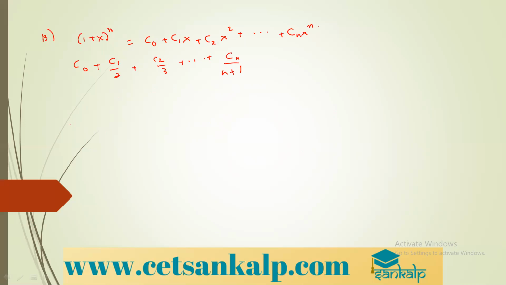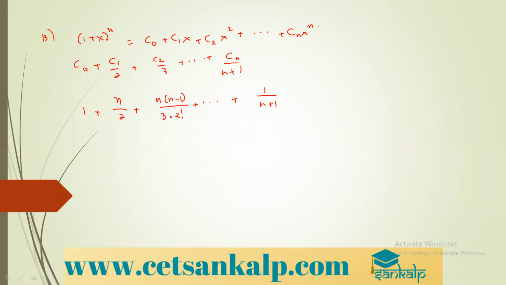The value of this you have to find. So to find the value, we will simplify. C0 we will write 1. C1 we will write n by 2. C2 we will write n into n minus 1 by 2 factorial, but 3 is already there. Lastly, Cn I will write 1 by n plus 1.